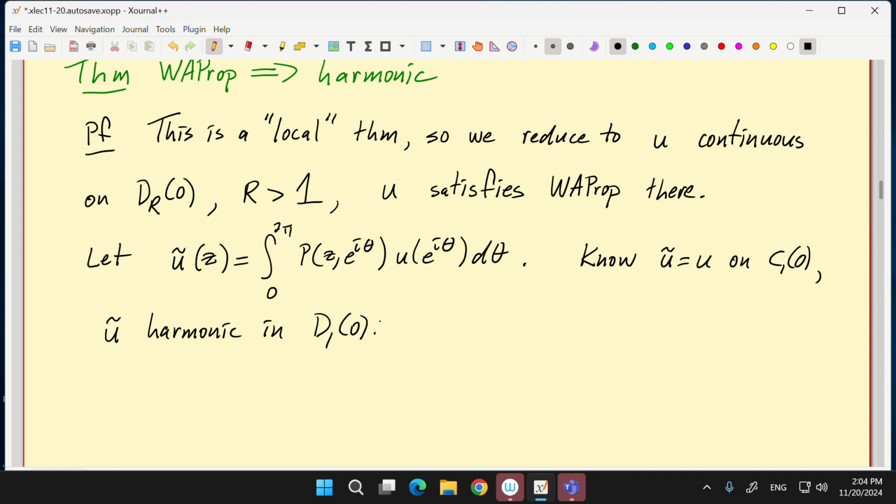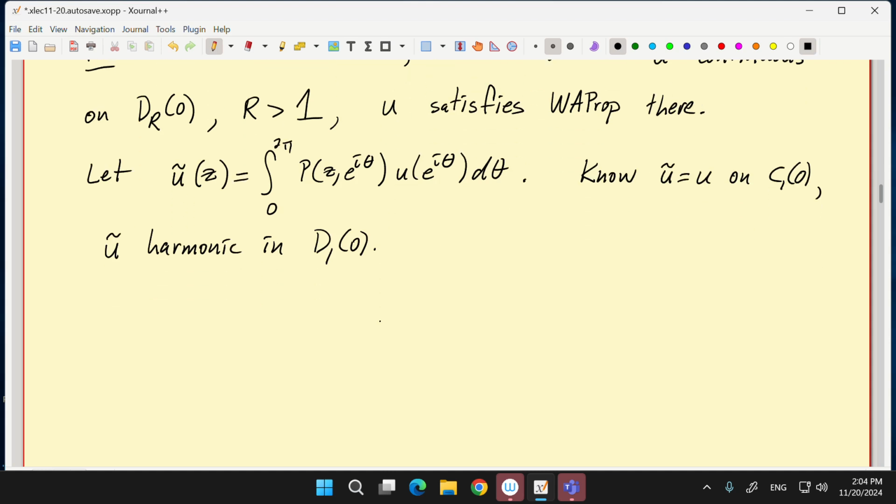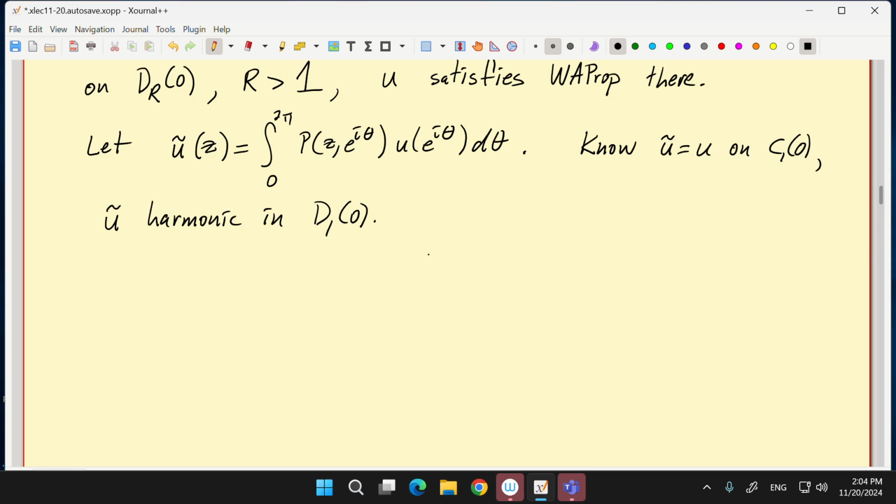And last time it was just the maximum principle, and it was fairly straightforward. And if you try to do that this time, remember we let that disk go out and touch the boundary? I can't do that this time because I've got the weak averaging property. So let's let capital U be equal to u twiddle minus u.